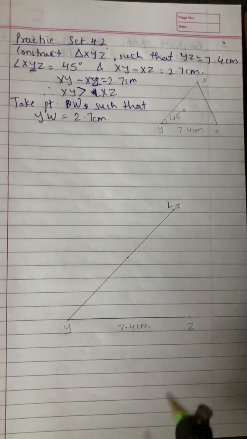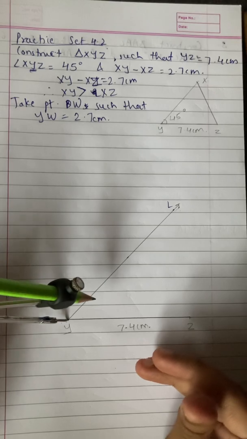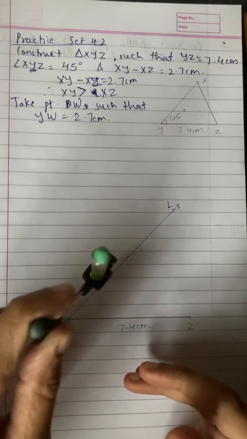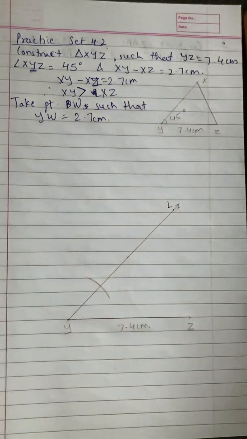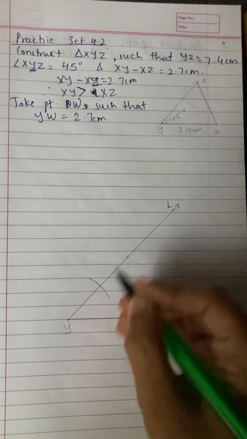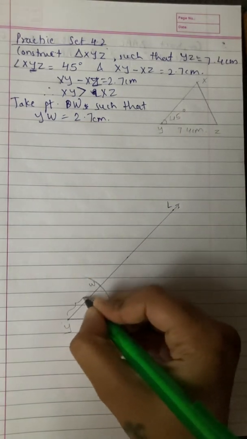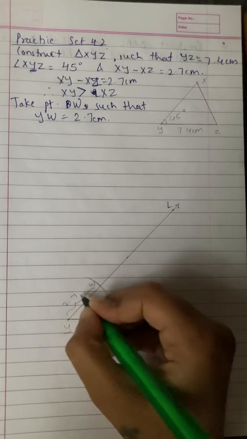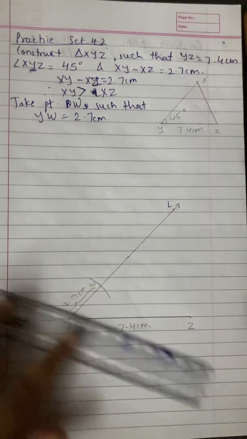Alright. After taking 2.7 centimeter, put the pointer at Y and draw an arc. This point that we get is point W. Okay, point W is taken at 2.7 centimeter. Now W and Z you have to join.